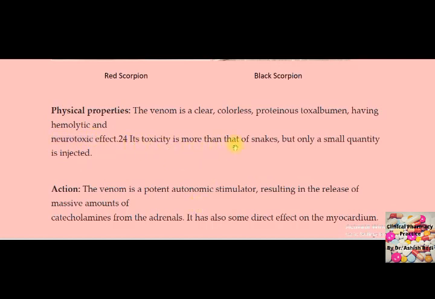Its toxicity is more than that of snakes, but only a small quantity is injected. Actually, the toxicity of scorpion venom is more than that of snake, but the good thing is that a patient who gets a bite from a scorpion usually gets injected with only a small amount of venom, not a huge amount.